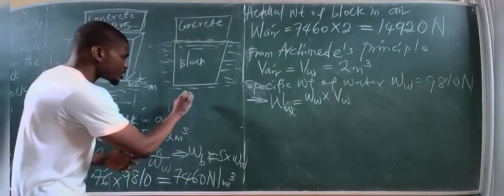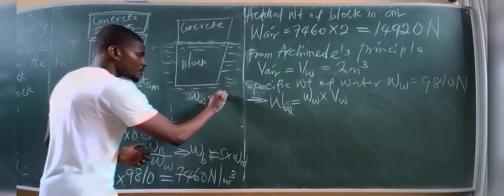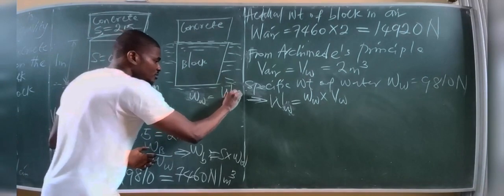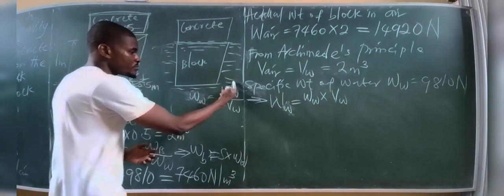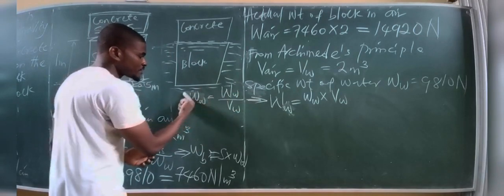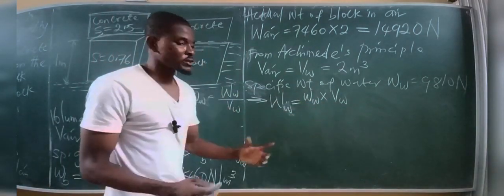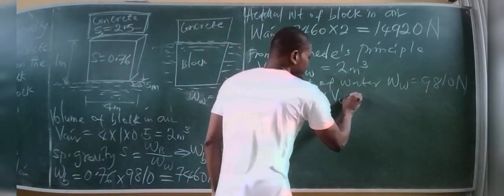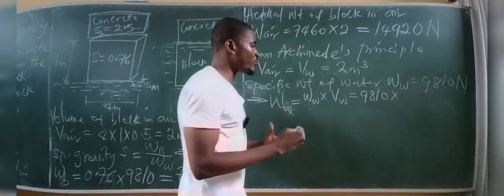Of course, we know the specific weight of water is simply the total weight of water, or actual weight of water, over the volume of water. So if we make the actual weight the subject, it becomes specific weight times volume of water, which is what we have here. And the specific weight of water is a constant value. The value remains 9810 multiplied by the volume of water.